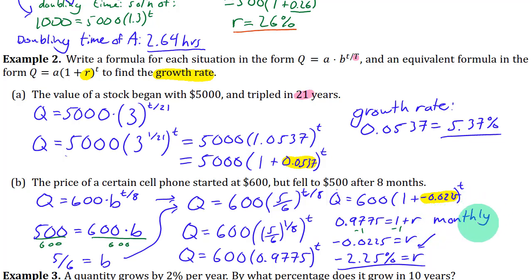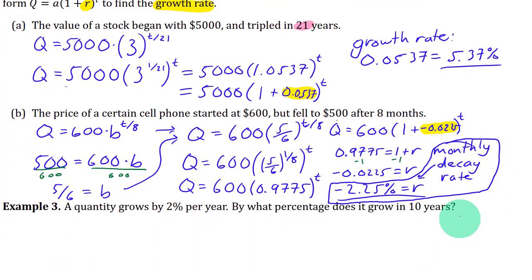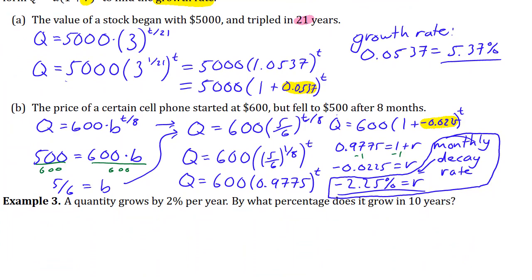If you want to call it a growth rate, that's okay. I'm just calling it a decay rate because of the fact that it's negative. It means it's going down. Okay. So that is a very tricky problem.